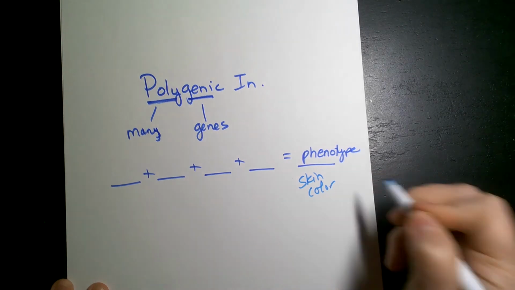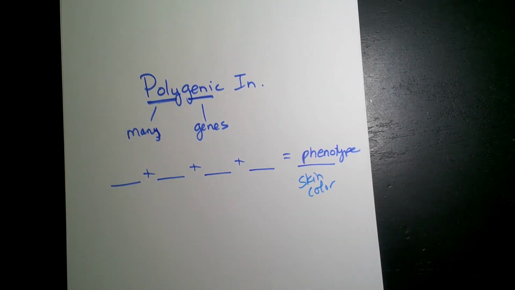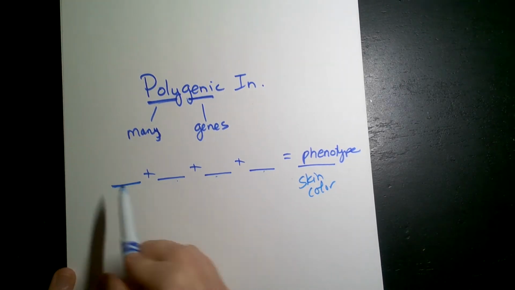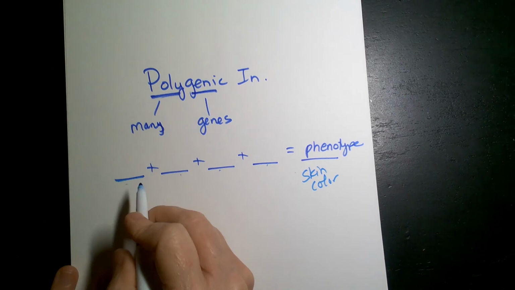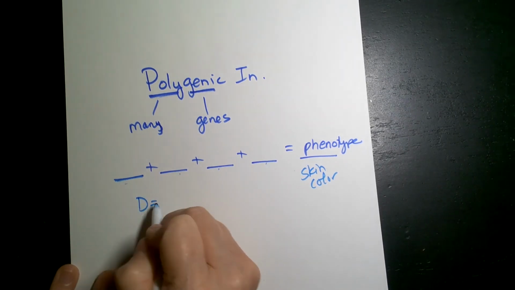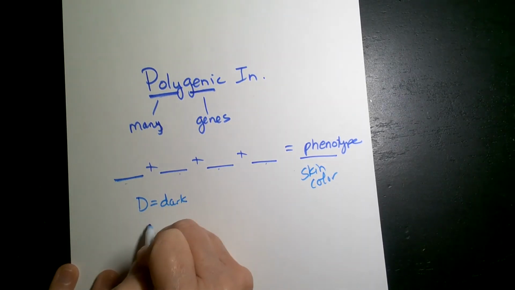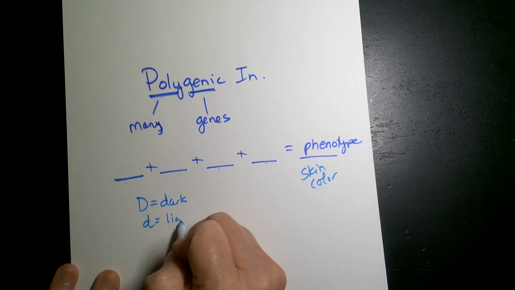And skin color in humans can be controlled by 3 or 4 different genes. So you get 2 letters for every gene, one for mom, one for dad. And we're going to make capital D for dark and lowercase d for light.